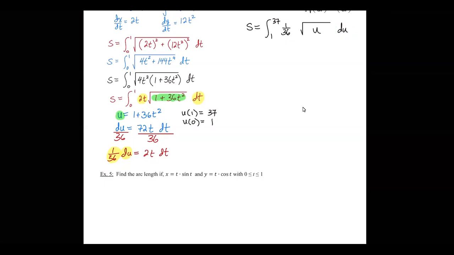And actually it looks all right. I did move the u a little bit over, but I think it's okay. All right. So S is going to be equal to, and I'm still going to leave the 1 over 36 inside, the integral from 1 to 37 of 1 over 36, and I'm going to write it as u to the 1/2 du. Reverse of the power rule.